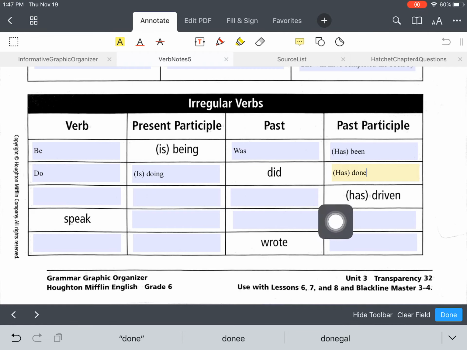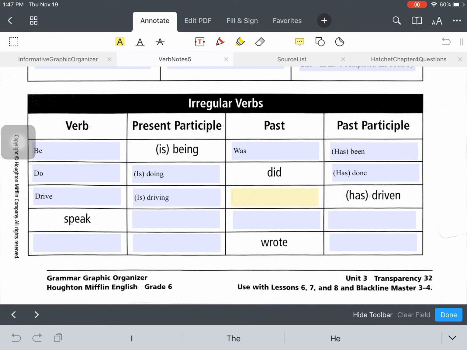Now the next one, they give you the past participle, which is has driven, and the base verb for that is drive. So the present participle is in parentheses because it might be are, driving, and on that you're going to drop the e and add ing. The past tense, though, is not drived.